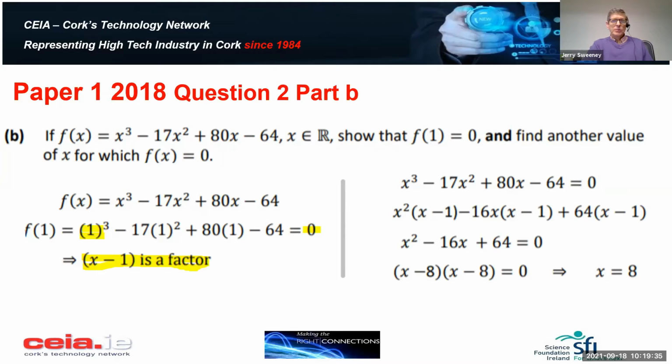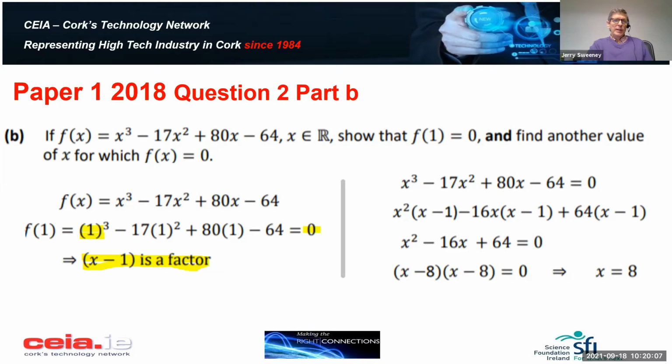So what we can do is we can put in x minus 1 in place of x, and now we're looking for the other terms. If x is equal to 1, then x minus 1 goes away. It becomes 1, and we end up with x squared minus 16x plus 64 is equal to 0.